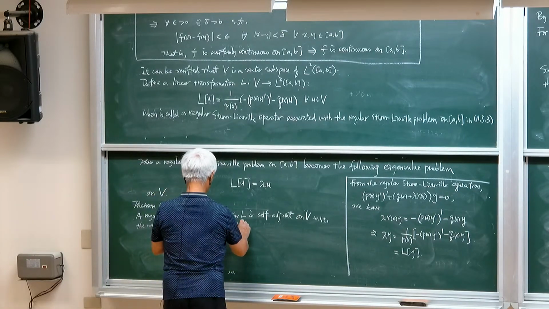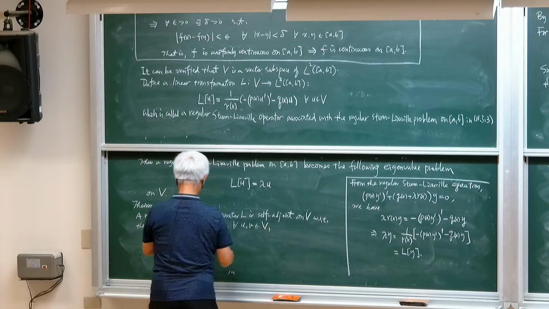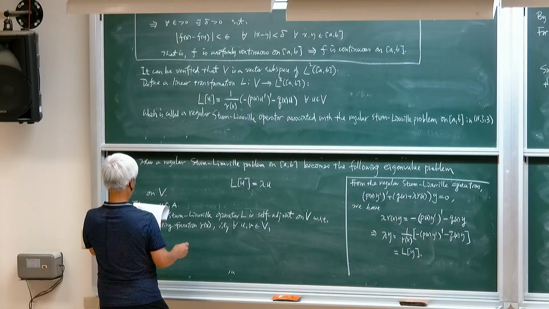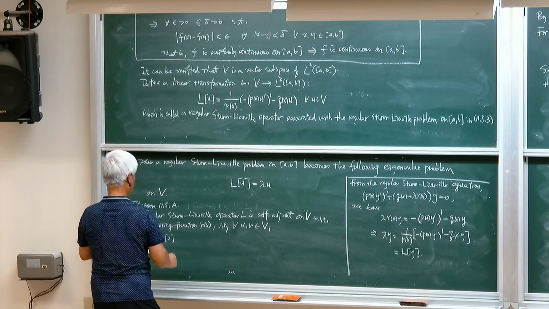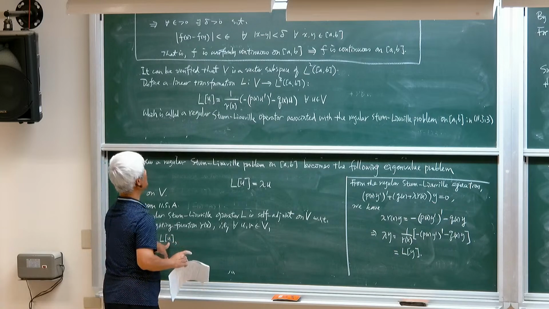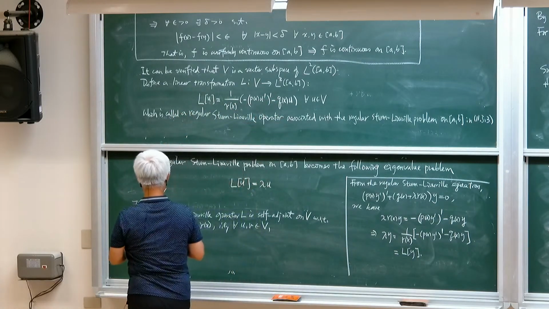For all U, V in capital V, we operate L on U, and we know U, by definition, is in L2.